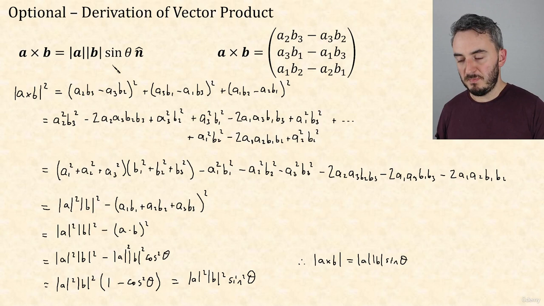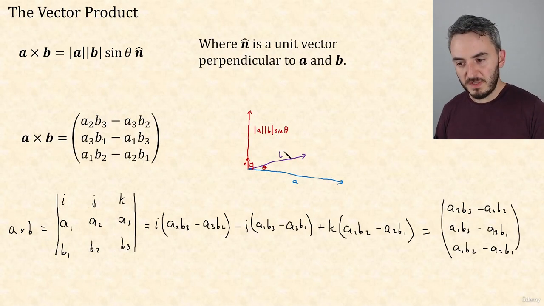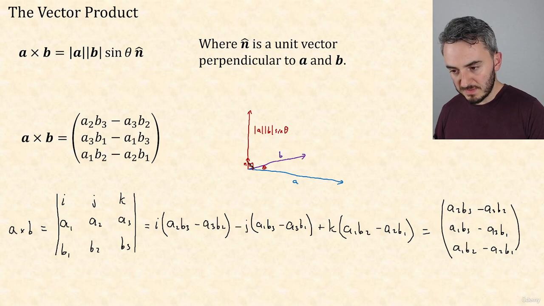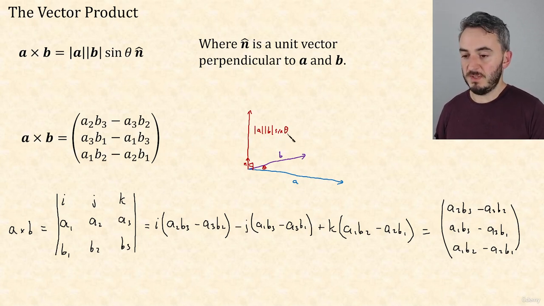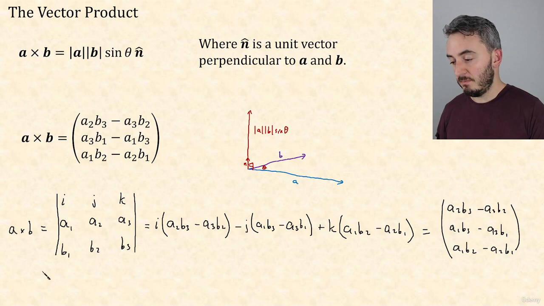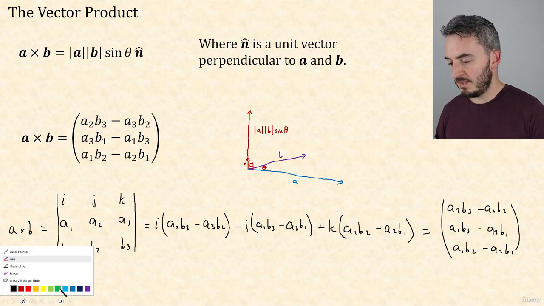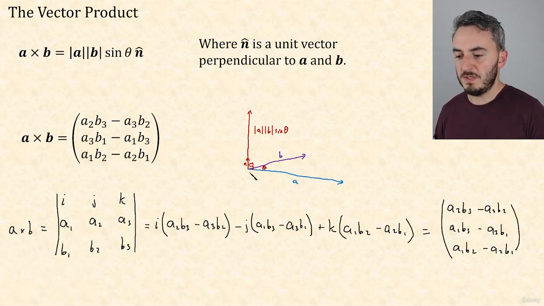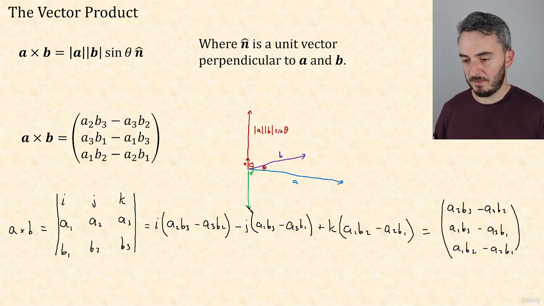Let's just go back to a picture from before. In the previous video, I showed you how the cross product of a and b was a perpendicular vector whose length was this. So we've shown that our version is perpendicular and that its length is this. But the one thing we didn't really discuss is why wasn't it this way? Because that's also perpendicular to a and perpendicular to b and could have the same length.